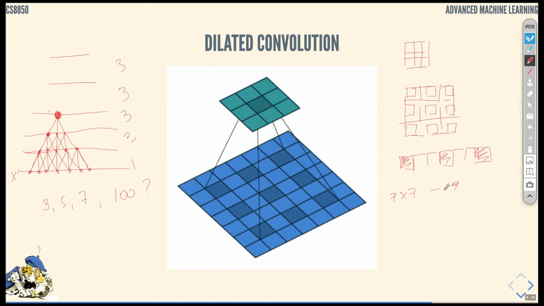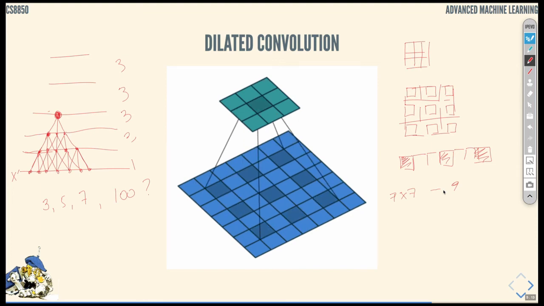So by doing that dilation with depth, we can greatly expand the field of view of neurons at a deeper layer much faster than a regular convolution would do that. And because of that, we won't need as many layers and as many parameters in order to learn.